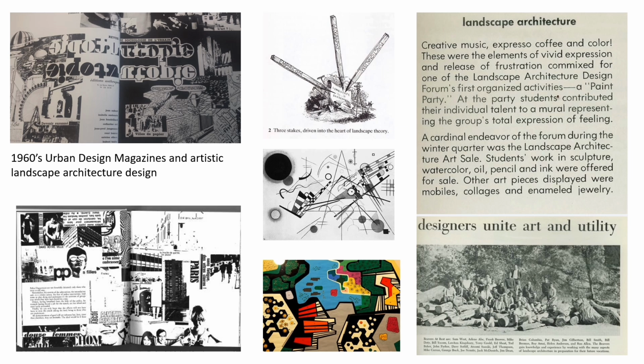And of course, design was no different. Now, we can see with some of these urban design or planning magazines from the 60s, we've got elements of collage, upside down writing here as well, graphics, images, things stuck together to create a message.